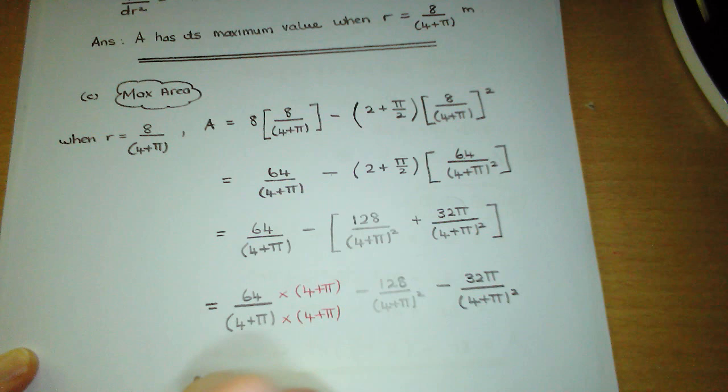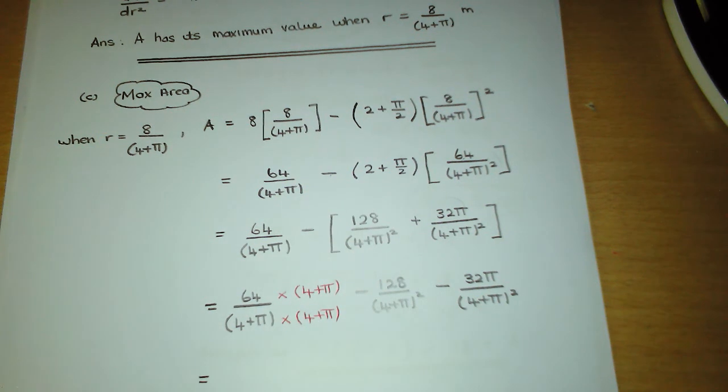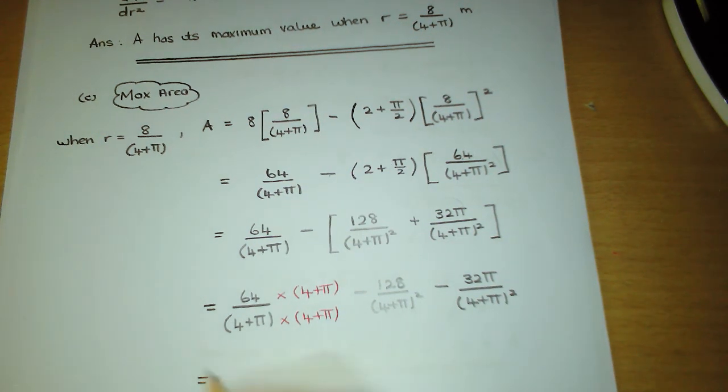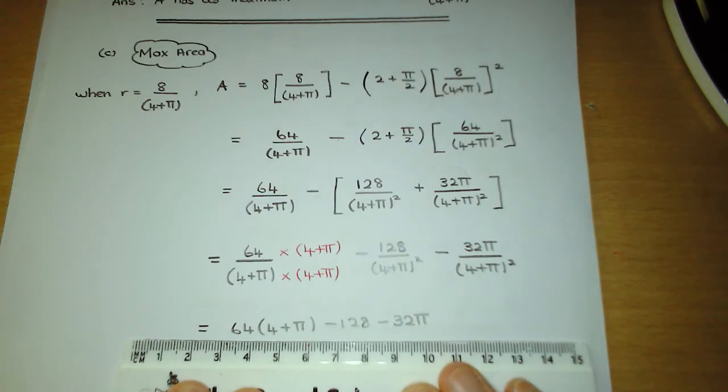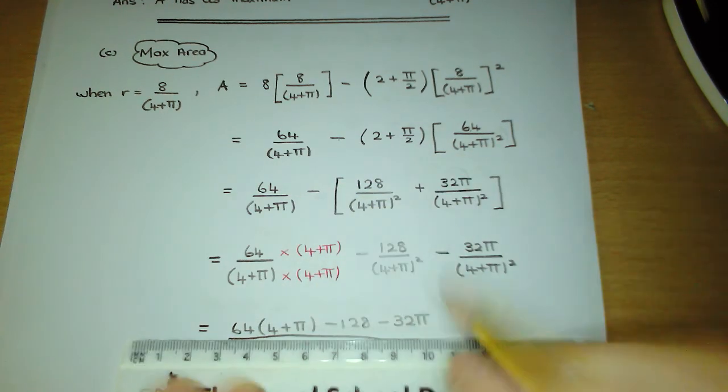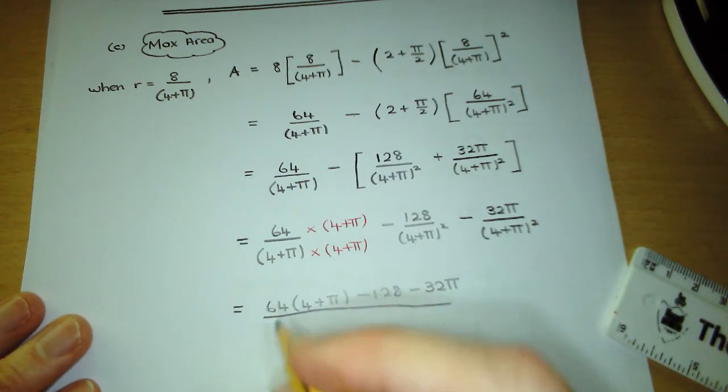Now all of the denominators are the same, so we're going to write it as a single fraction. So we're going to have 64 upon 4 plus pi, minus 128 minus 32 pi, and that's all over 4 plus pi all squared.